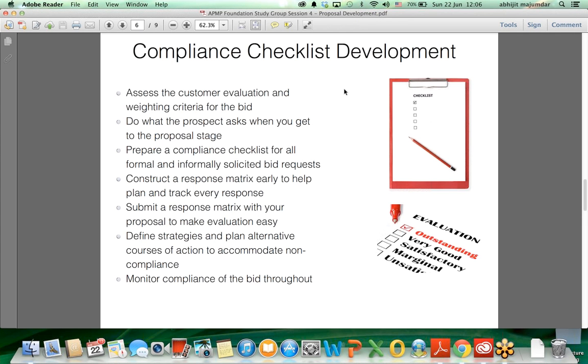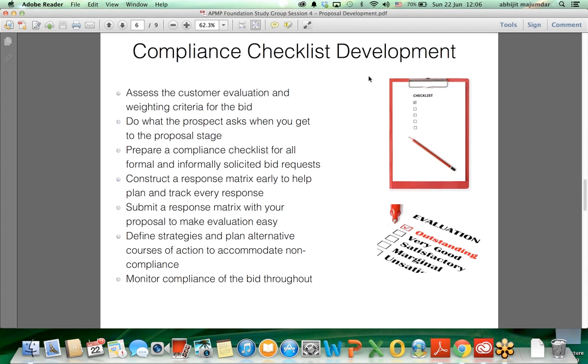Now, having compliance requirements also leads you to prepare another document, which is called the response matrix. Because if you are preparing the compliance requirements, there are specific requirements which you can assign to a specific person in the proposal team, and look for that particular response from him.